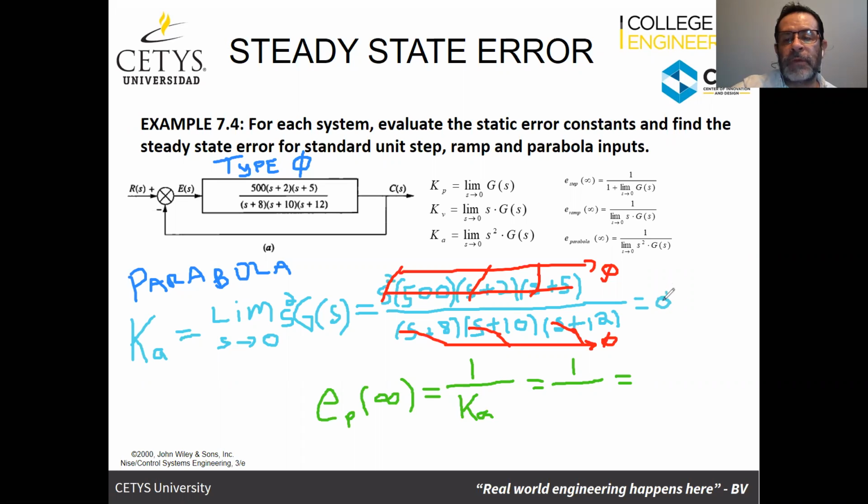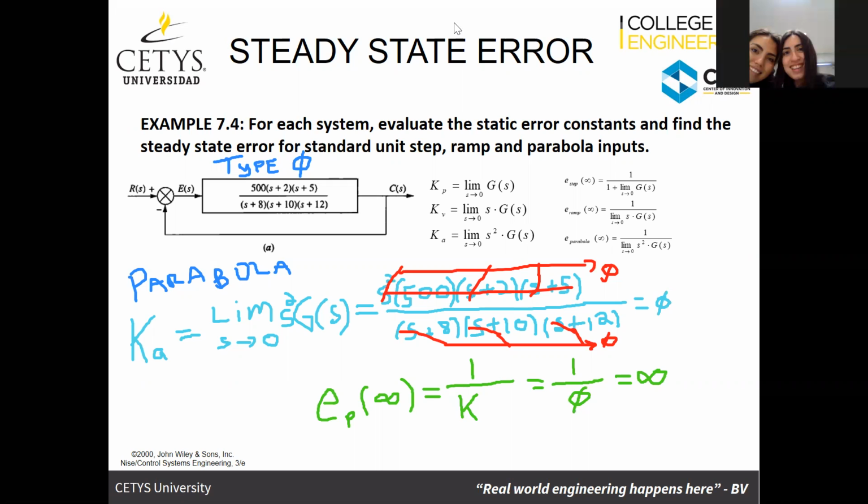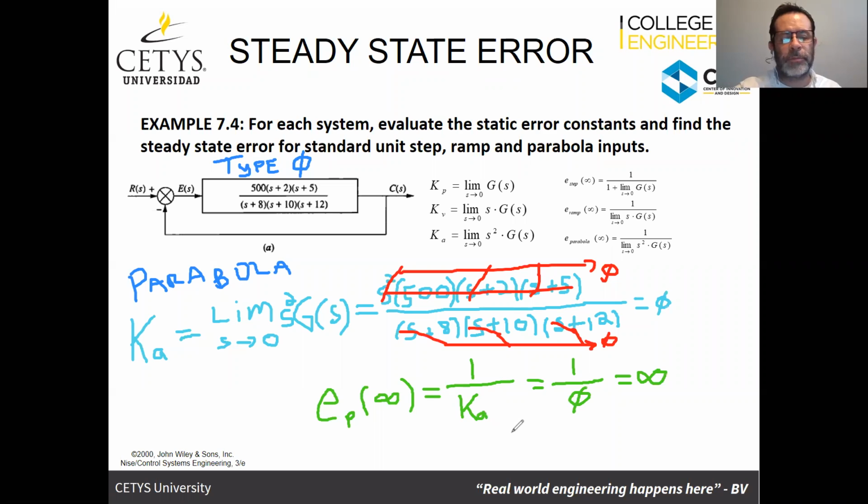And it's also going to give us a 0 over here in the denominator. And so the error for the parabola situation is also going to be infinite. So this is not going to do a very good job with acceleration. Okay. Questions with this one?